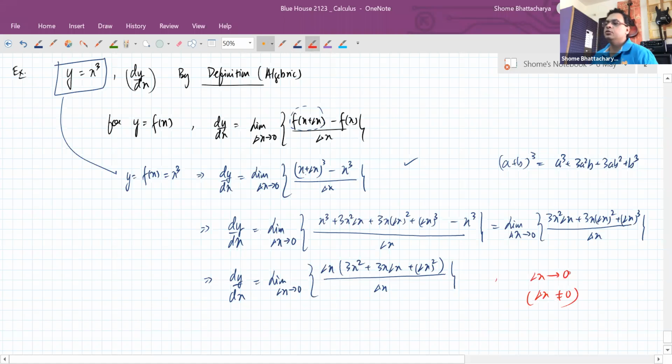Okay, there's a difference between the two. We are saying that something is so small that its value is almost equal to 0, but that doesn't mean that we are saying it's equal to 0. So as long as delta x is not equal to 0, we can say that delta x by delta x is unity. If it were equal to 0, we could not say that, because then it would be 0 by 0, which is undefined. But here delta x is tending to 0. So that means it's definitely not equal to 0. Okay, so that means we can do this cancellation. Okay, and we are now left with the calculation of this limit.